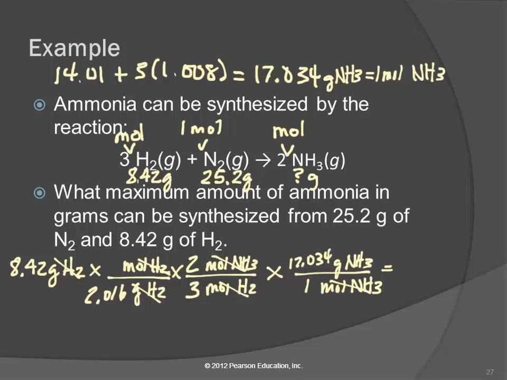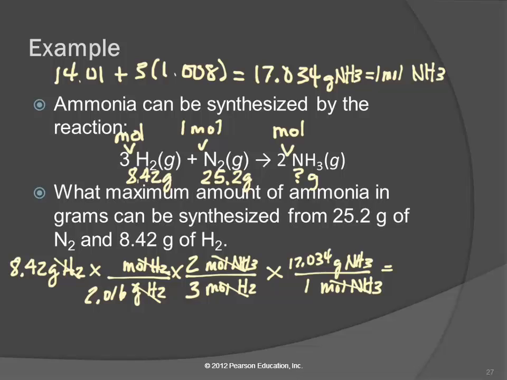8.42 divided by 2.016 times 2 divided by 3 times 17.034 equals. Then your calculator gives you a whole bunch of numbers. Yield is our final answer, so let's round this off.